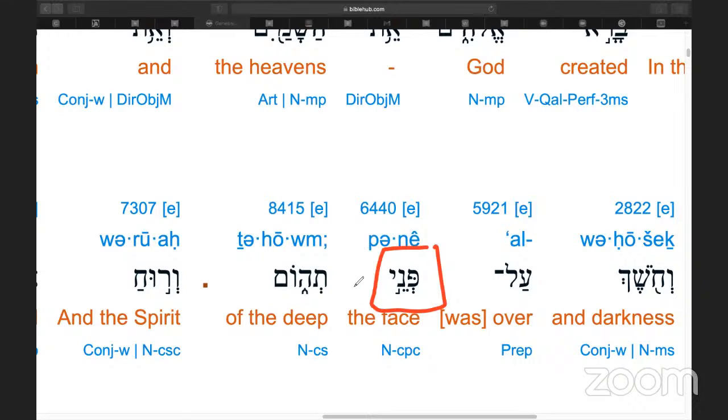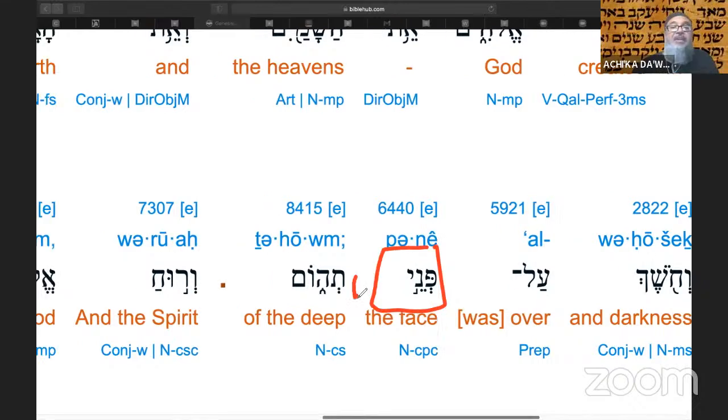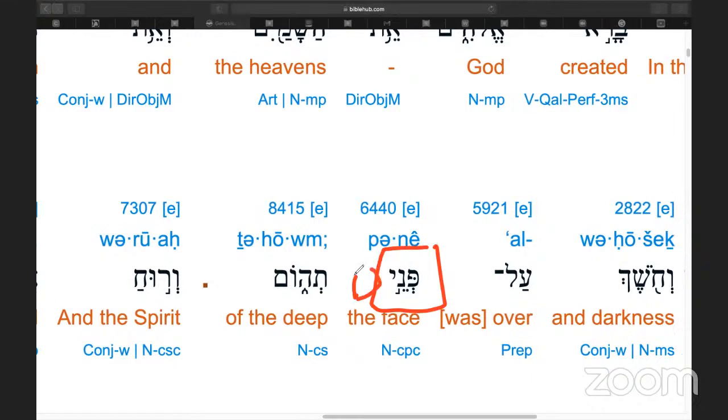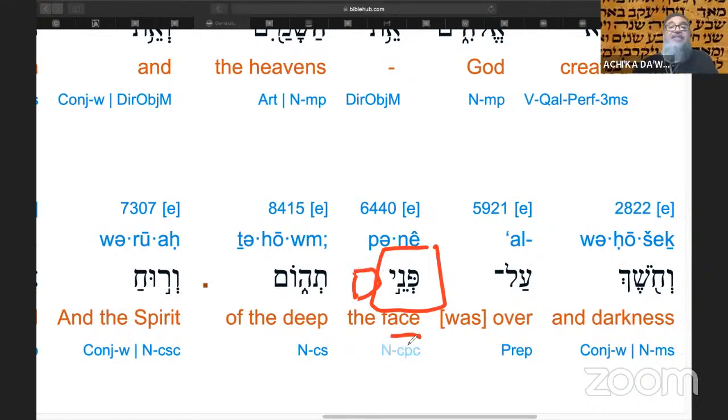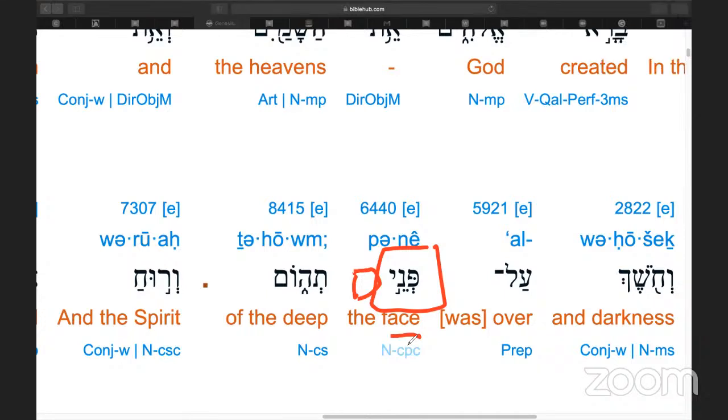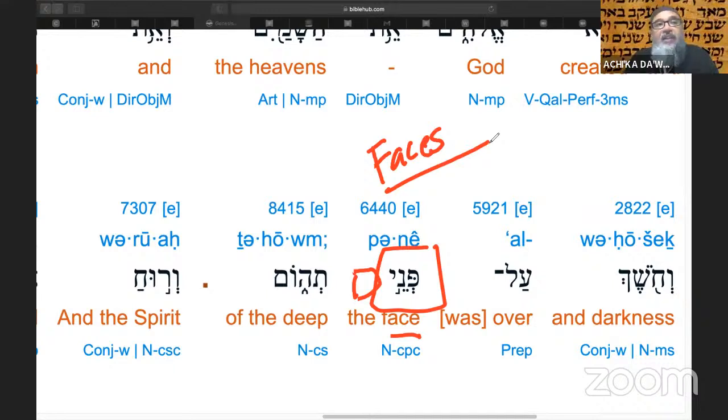What does it mean? Plural face. Masculine. It's masculine, right? So is it face? Faces. It's not face, it's faces. So when Yah says, when you come and stand lifnei or milifnei, or panay, Yah has more than one face.